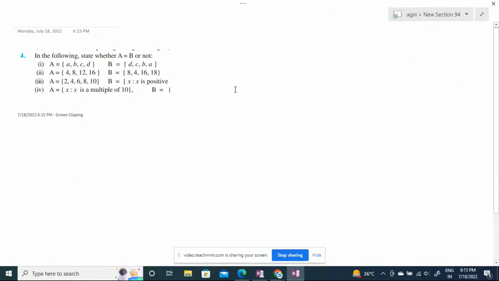Now we have to tell in this question whether the two sets are equal to each other or not. That means we have to find whether the sets are equal or not.